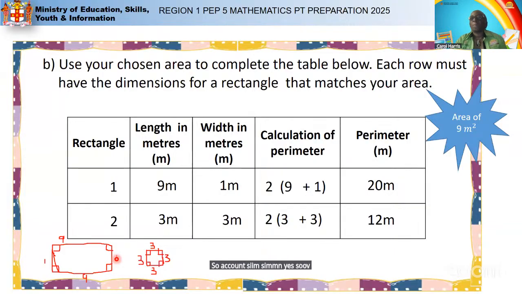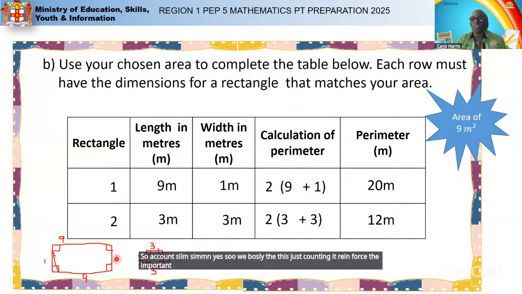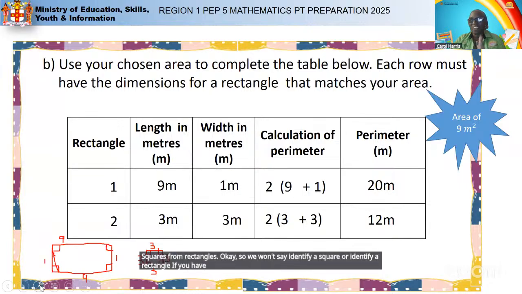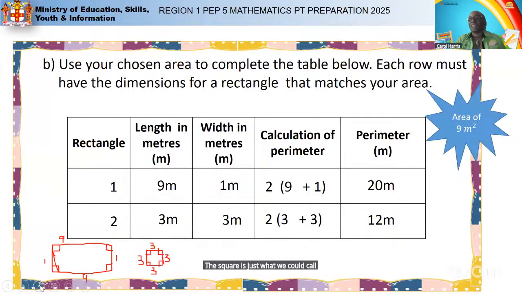We purposely did this just to continue to reinforce the important concept that you don't need to separate squares from rectangles. So we won't say identify a square or identify a rectangle. If you have identified a square, you've identified a rectangle. The square is just what we could call a subset of rectangles.